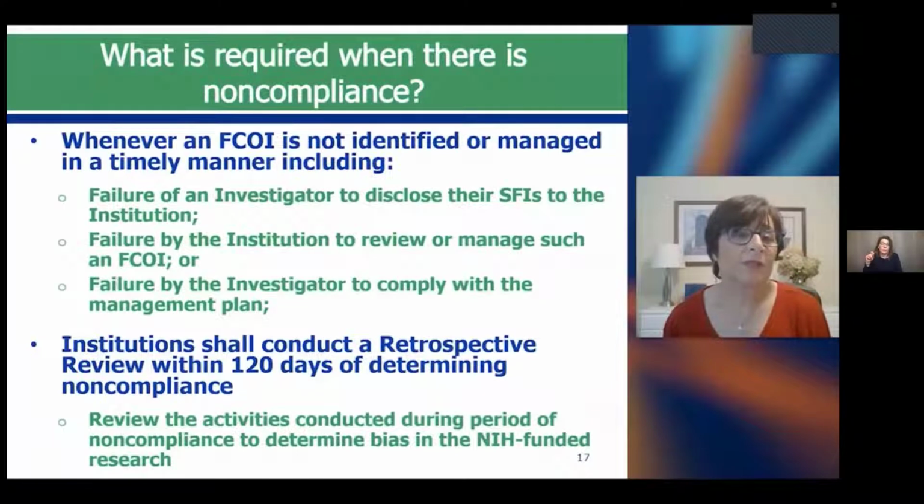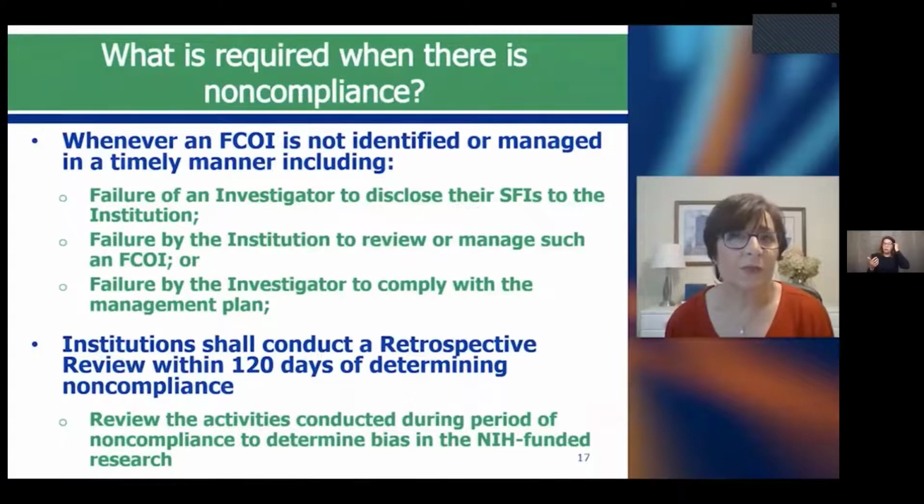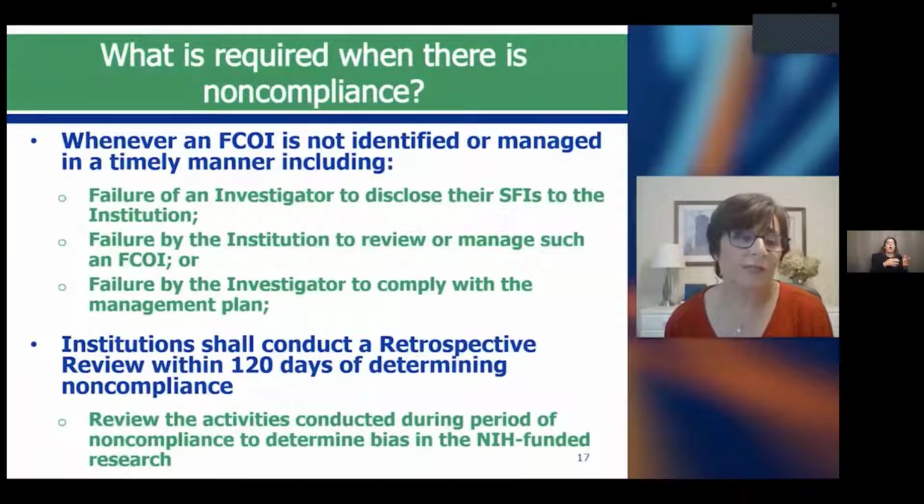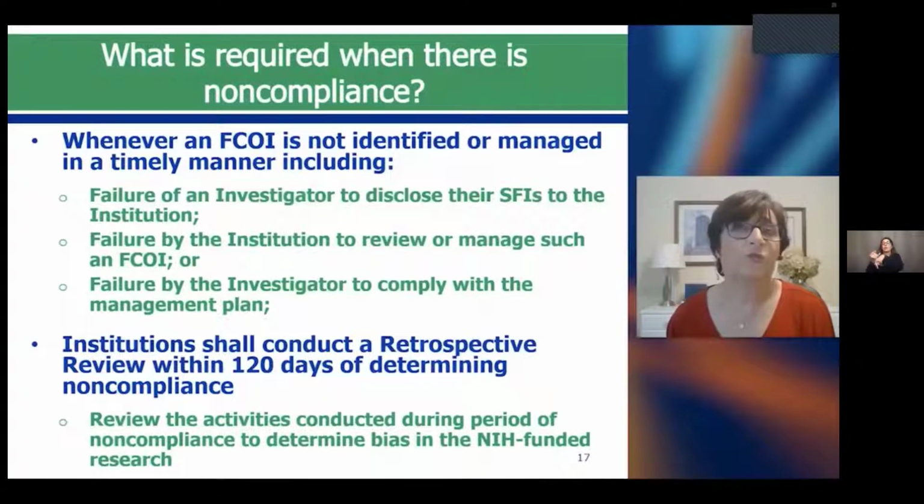So what is required when there is non-compliance with a regulation? The regulation states that whenever an FCOI is not identified or managed in a timely manner, including the failure of an investigator to disclose their SFIs to the institution, failure of the institution to review or manage such an FCOI, or failure by the investigator to comply with the management plan, then the institution needs to conduct what's called a retrospective review, and the institution has 120 days from determining non-compliance to complete that retrospective review.